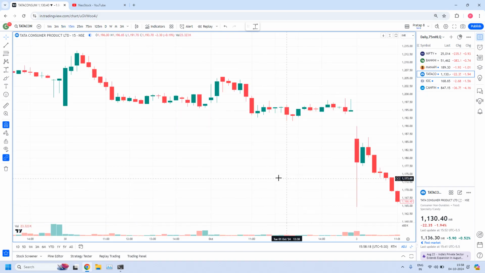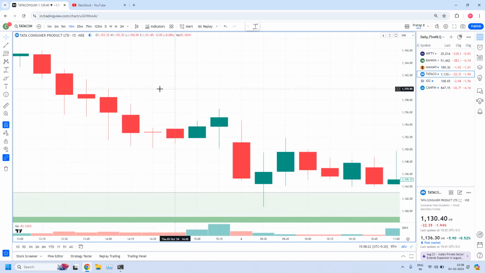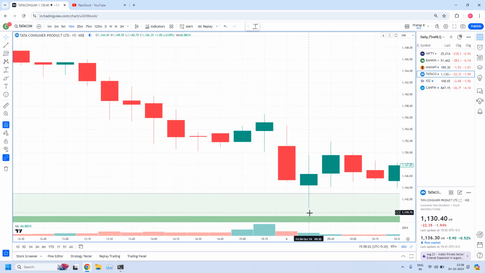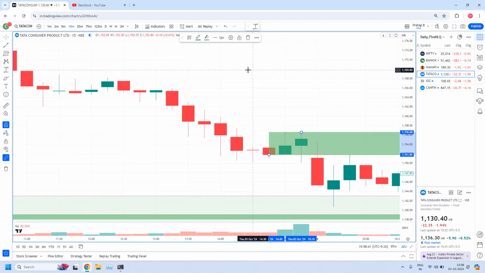Let me go to the 15-minute time frame, you get the clarity. The prices came, it pushed the prices. See here, a 15-minute zone is available here. We have a drop, 2, 3, 4 base candles and again a drop candle.